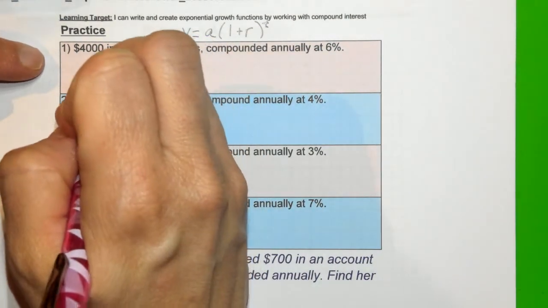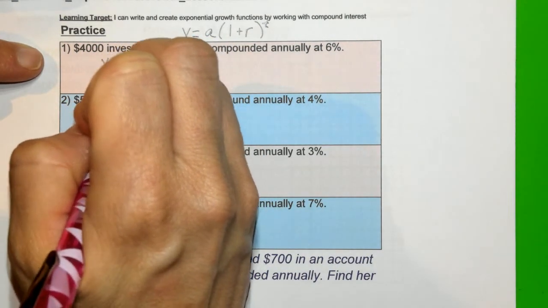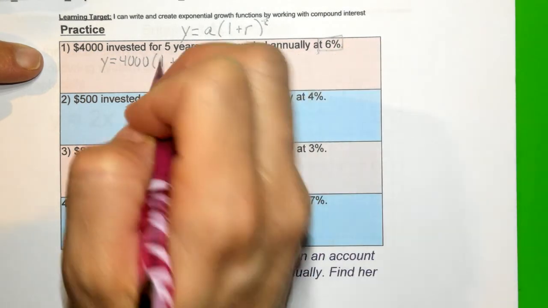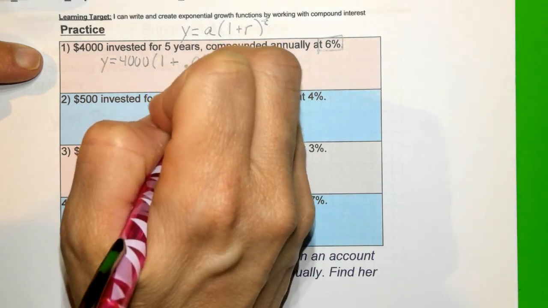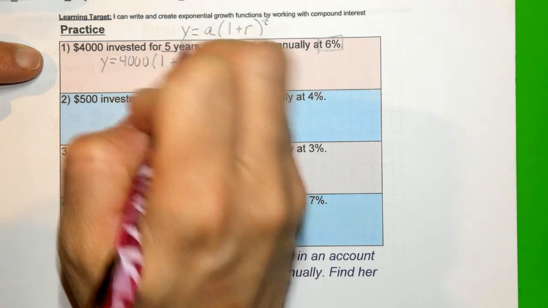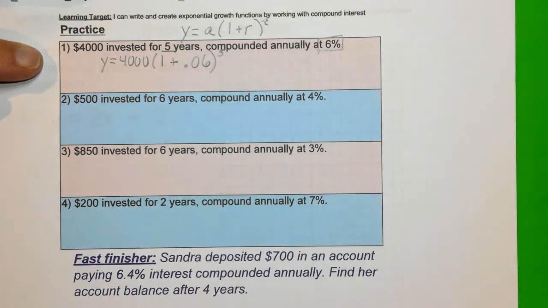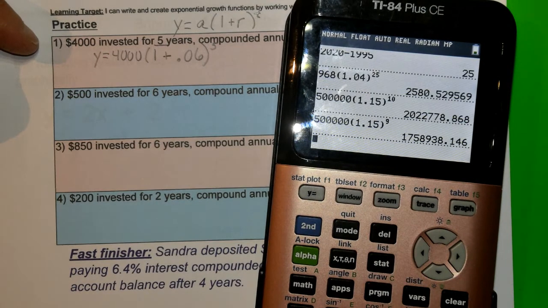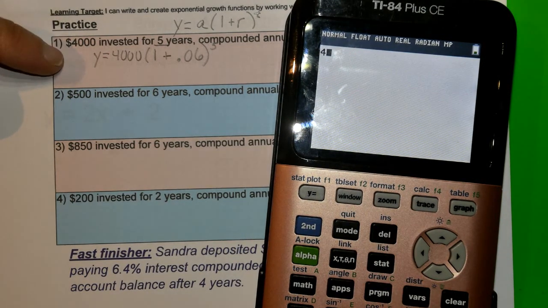So y equals 4,000 times 1 plus, in this case the rate is 6%, so 6 is represented as 0.06, to the, we're looking at 5 years. So you're going to take your calculator, and type 4,000 times 1 plus 0.06 to the 5th power, and you're going to get your answer.